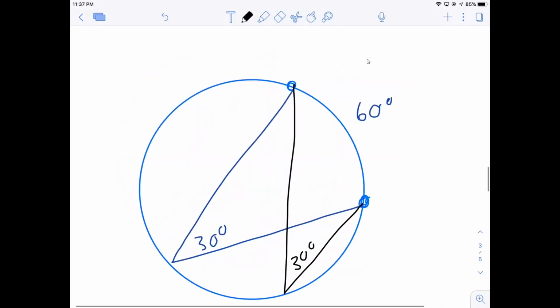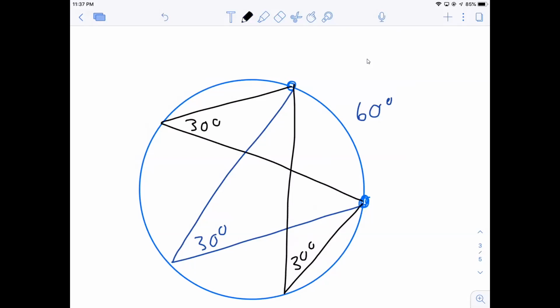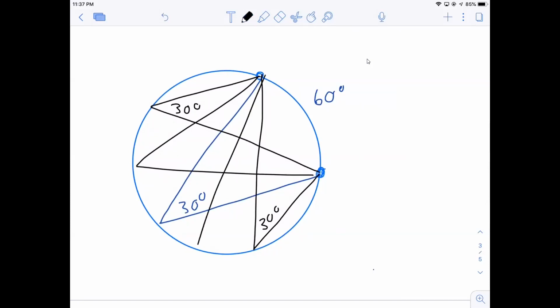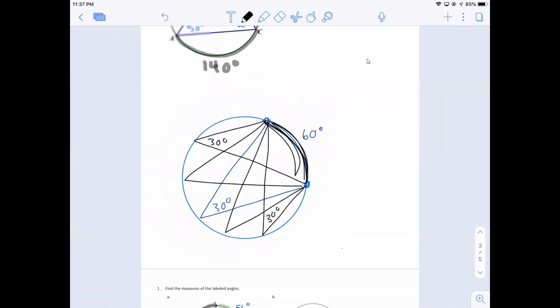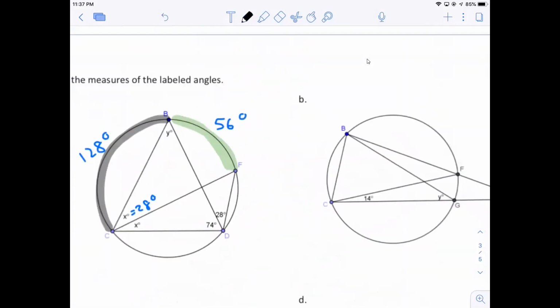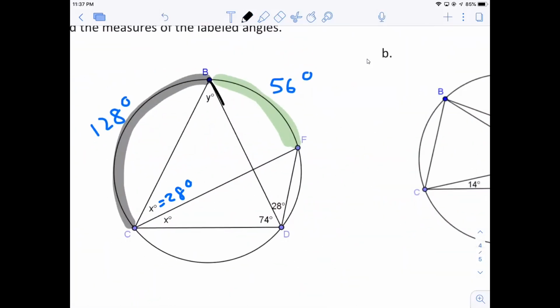That's also 30 degrees. Any inscribed angle involving those 2 endpoints, they're all intercepting the same arc. They're all going to have measurements of 30 degrees. So this angle, BDF, and this angle, BCF, are intercepting or subtending the same arc. Hence, they have the same angle measures.